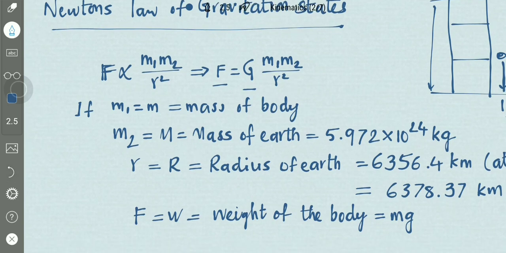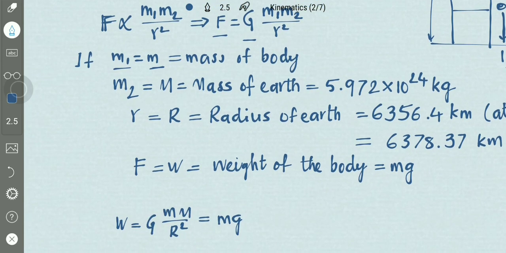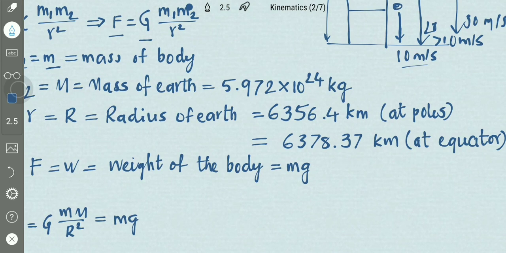So if you consider m1 as small m, which is the mass of body, and m2 as capital M, which is mass of earth. Mass of earth is 5.972 into 10 power 24 kg, and small r as radius of earth, which at poles is 6356.4 kilometers, and at equator it is 6378.37 kilometers.